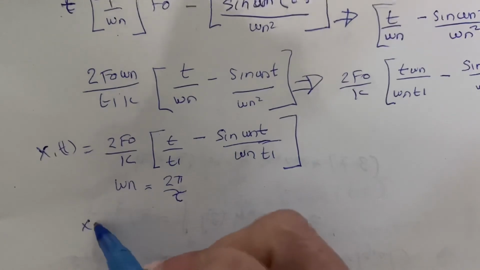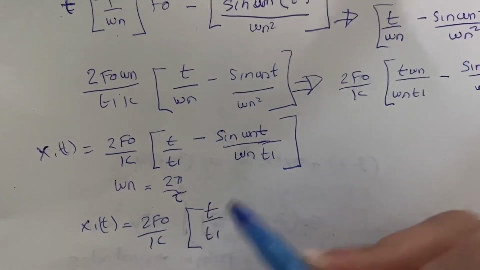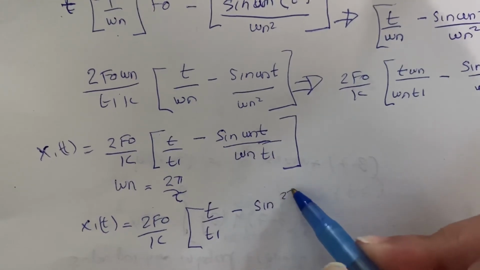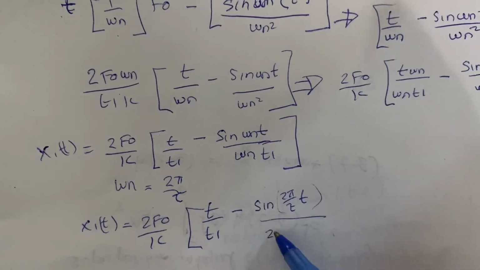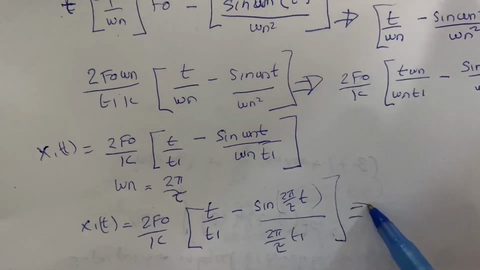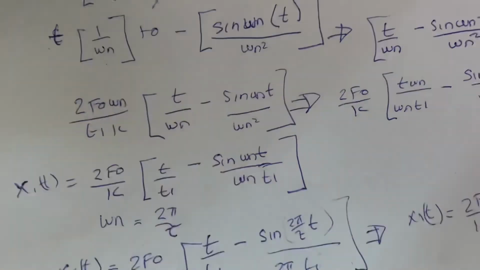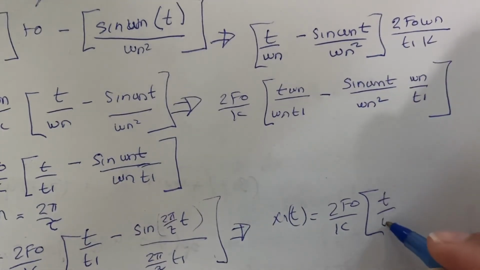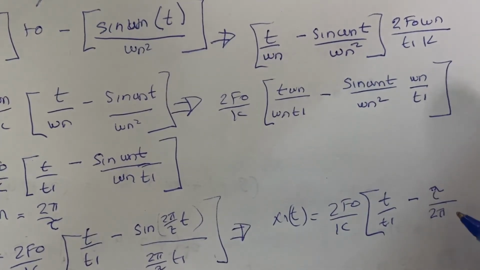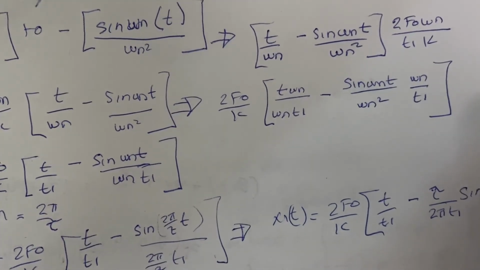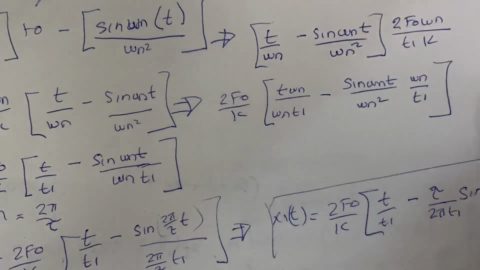So now we have x1(t) is equal to 2f0 over k, and then we have t over t1 minus sine 2 pi over tau times t, and then 2 pi over the period times t1, and this is going to be equal to x1(t) is equal to f0 over k multiplied by t over t1 minus tau over 2 pi t1 sine 2 pi over the period times time.